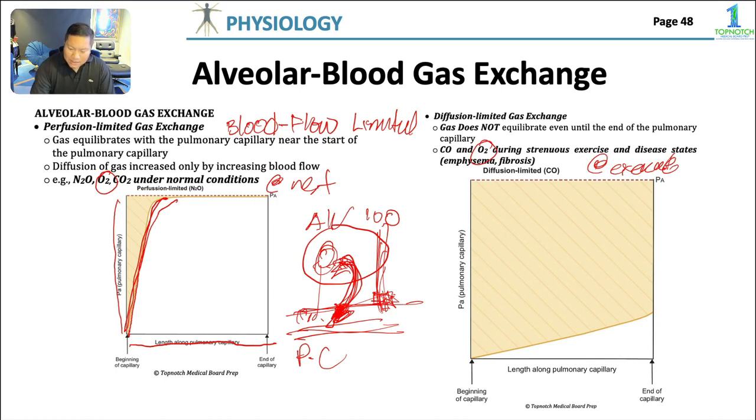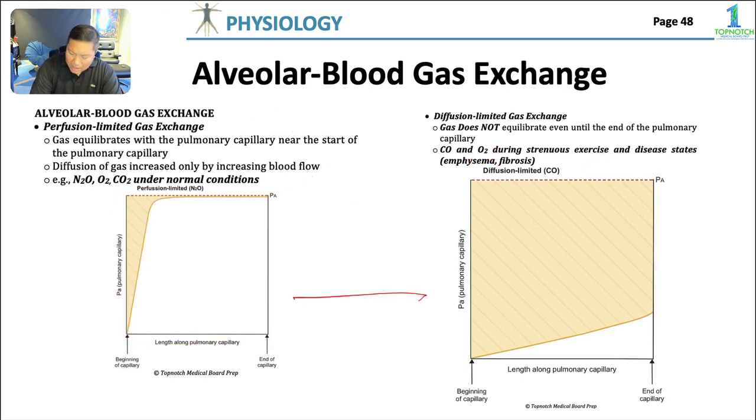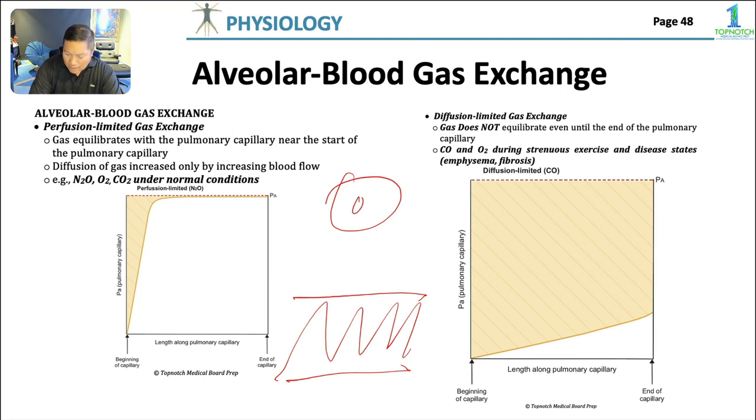What happens during exercise? During exercise, blood flow to the lungs increases. So what happens? Since blood flow to the lungs has increased, what now limits your gas exchange is the gas itself, its ability to exchange and move into the pulmonary capillary.